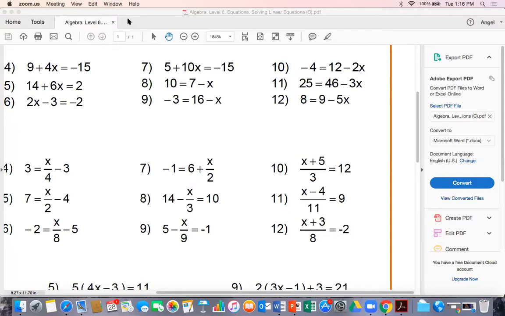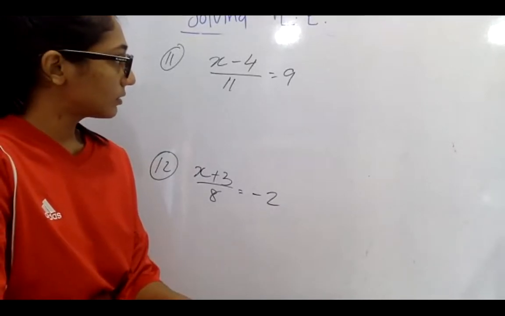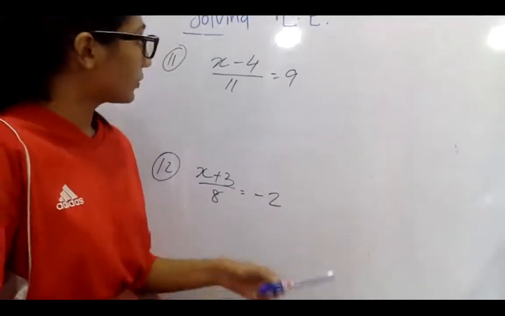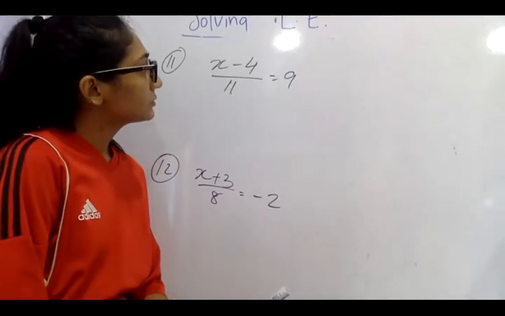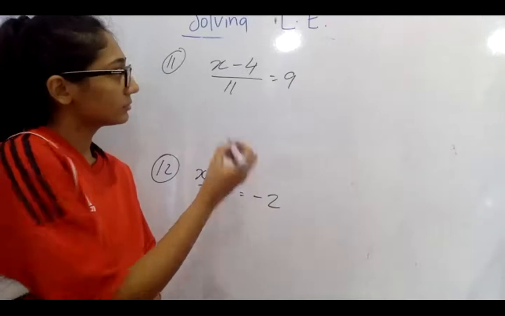Teacher, I'm done. Okay, what do you get for number 11? I got 103. Can you explain how you got that? Okay. x minus 4 equals 9.